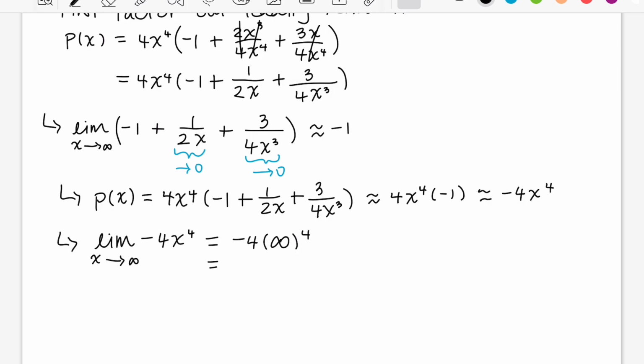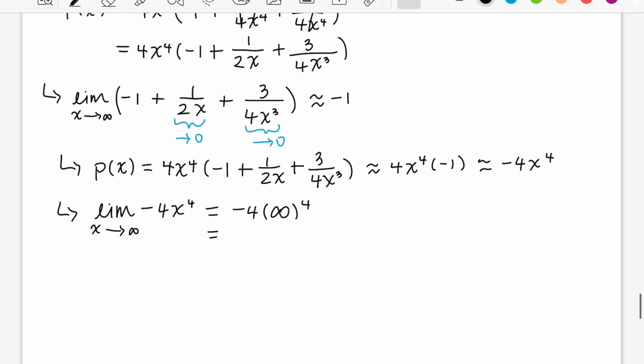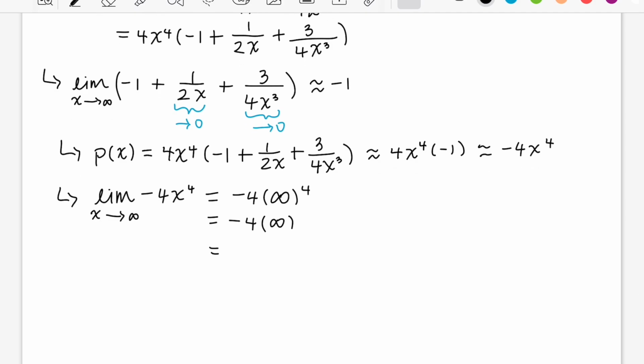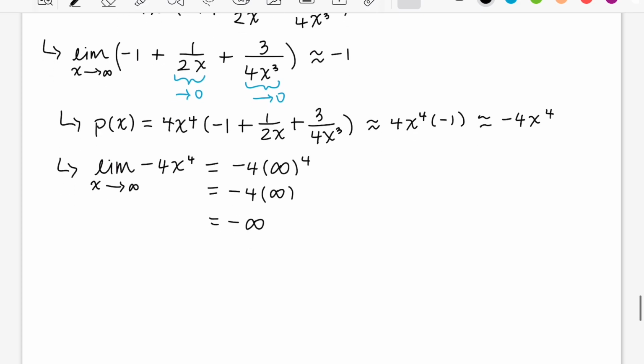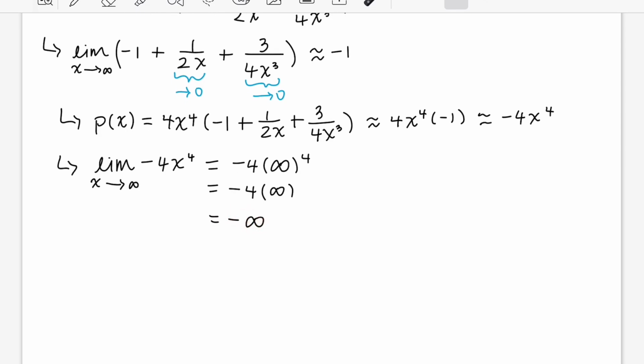And so that's just going to be a really, really large number, which we write as infinity. Now, if we were to take 4 times infinity in general, we're again just going to get infinity. It's just a really, really large number that we're never actually going to get to. And so since we have a negative 4 up front, this tells us that we're going to negative infinity.